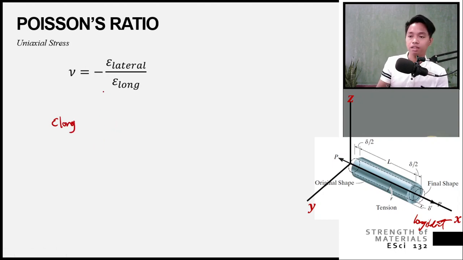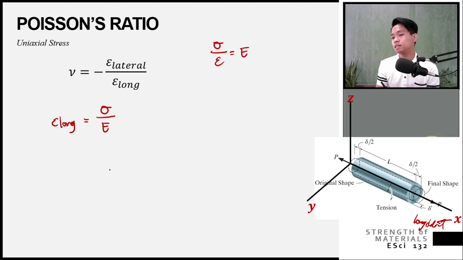Right? The longitudinal strain. So, how do we solve for the longitudinal strain? Using the concept of Hooke's law, your stress over strain is equal to E. So, manipulating the equation, your strain is simply equal to your stress over your modulus of elasticity.